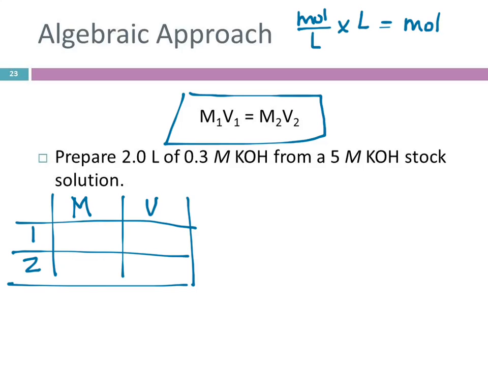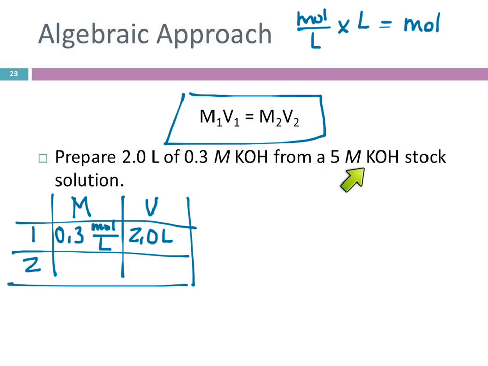So here we've got 2 liters of 0.3 molar. Do you see that those two numbers go together? They are referring to the same solution, right? 2.0 is the volume, and 0.3 moles per liter is the molarity.